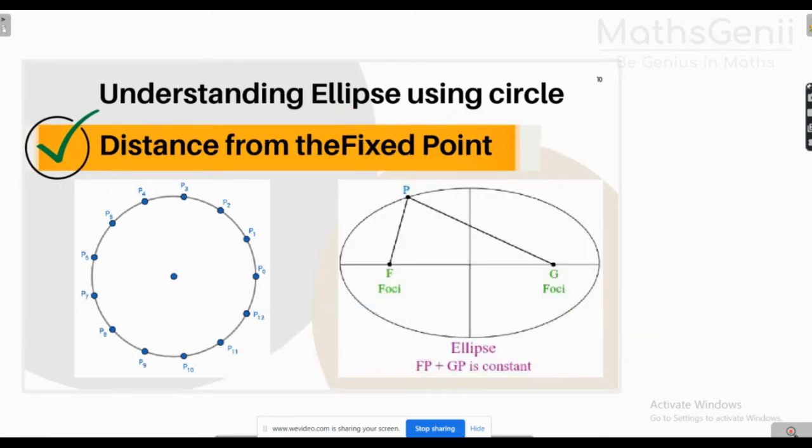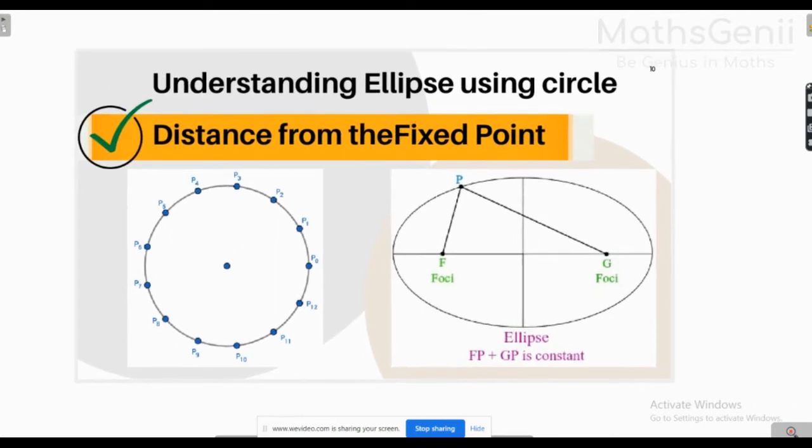Now, distance from the fixed point. Okay, again, this is very important. We have already studied this from the example. In circle, the distance from the fixed point is always the same. From here, from circle, you draw any point on the circle, the distance is the same. If this is 5 centimeter, every point will be 5 centimeter.